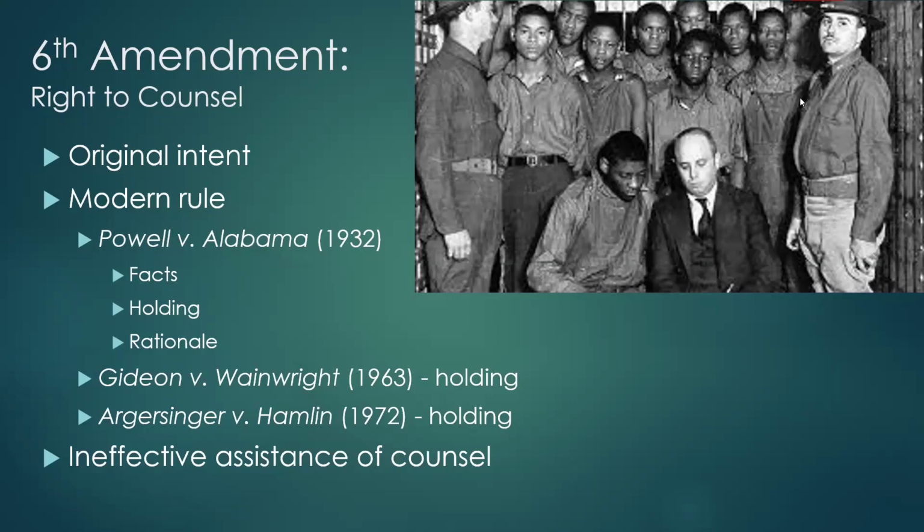And so it's got to make these two findings. Number one, the defendant has to show that the attorney's performance was deficient, as determined by an objective review of prevailing professional standards of conduct. And number two, that the attorney's failure to provide effective assistance actually prejudiced the defense. Those things are in your textbook.